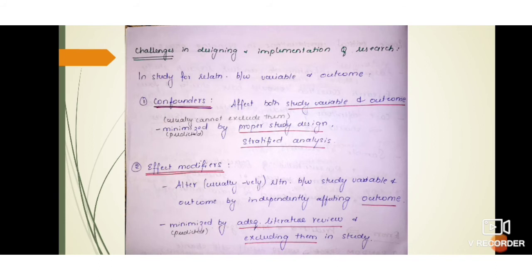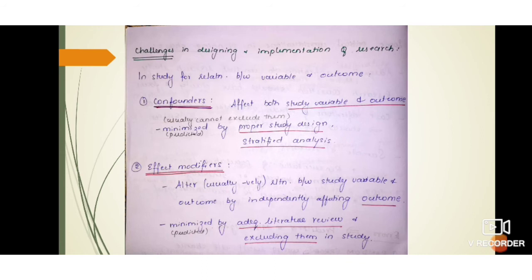Some challenges faced during research are, for example, confounders. Confounders are those which affect both the study variable and the outcome. The study variable is a part of the data which we are collecting, and the outcome is the result. The confounders are usually something we cannot exclude from the study, so the only way is to minimize them by using a proper study design and stratified analysis.